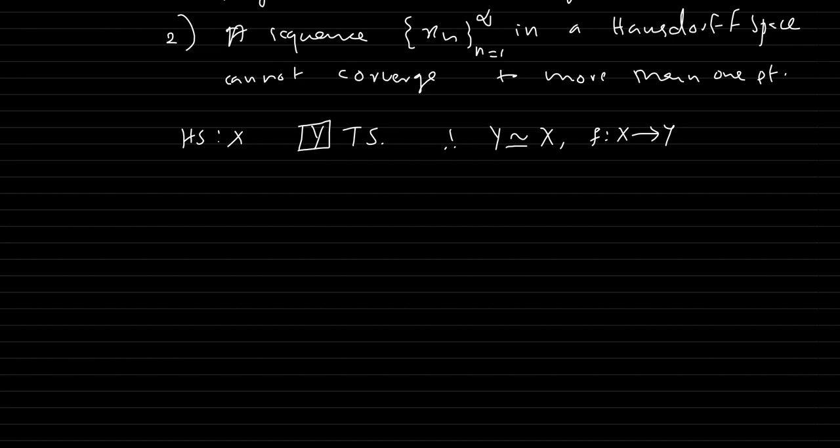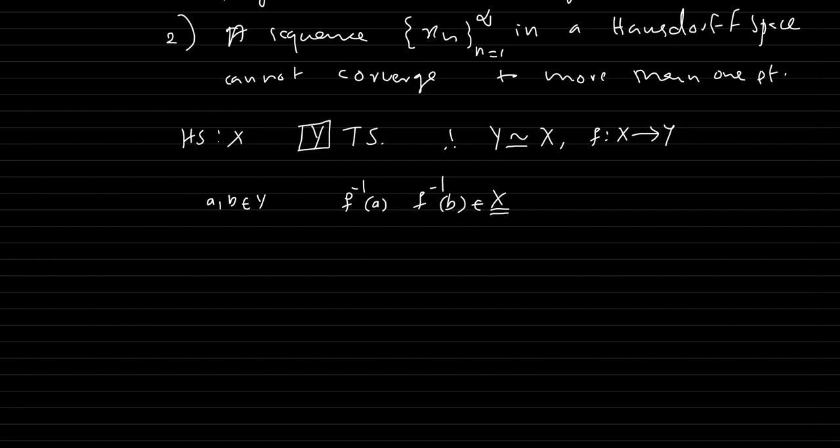Therefore, consider two points A, B in Y. Then f inverse of A and f inverse of B are two points in X. Since X is Hausdorff, there exist two disjoint open sets.